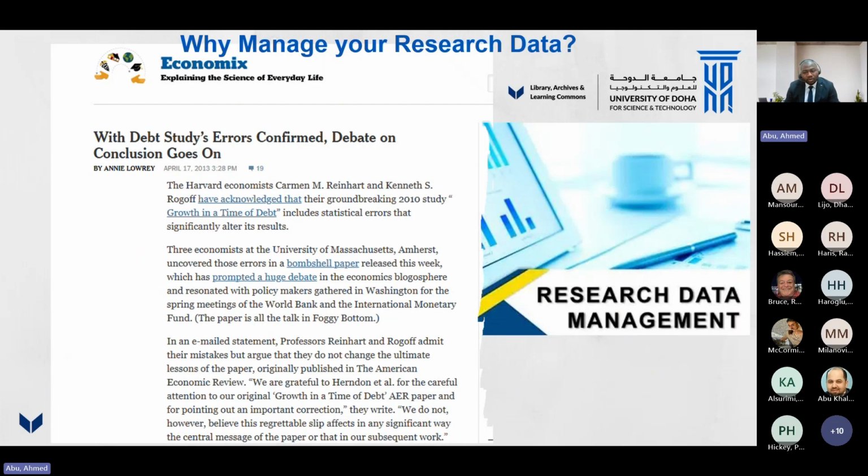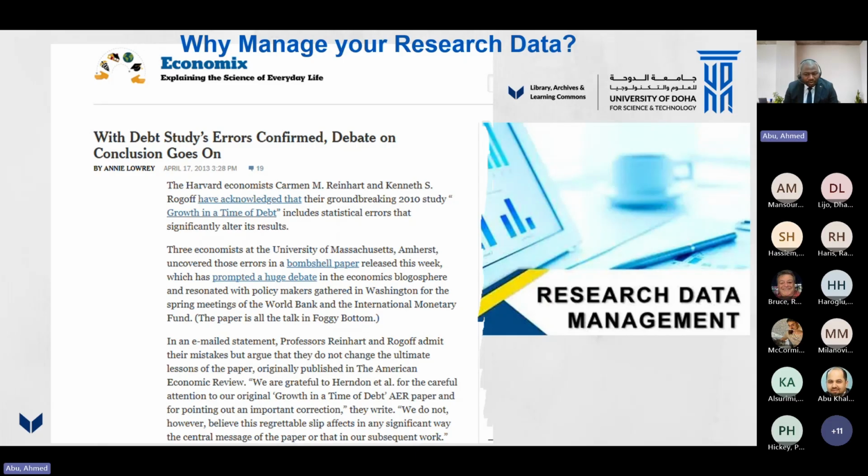Okay. So we also have a similar issue. There was this particular article that was published. The title was Growth in the Time of Debt. Now, this article was widely read and also cited. It was very influential.